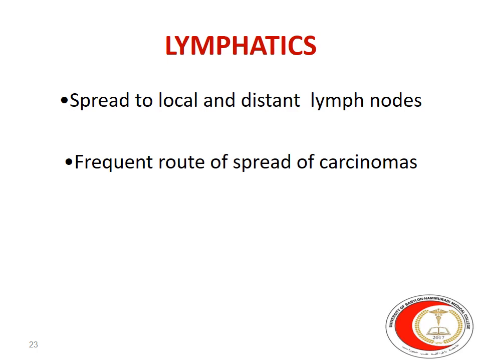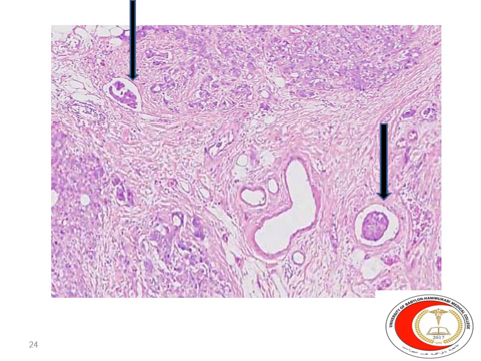In this slide, the black arrows point to dilated lymphatic vessels, and the cells inside them are malignant cells that have gained access to the lymphatic vessels. This is a case of invasive ductal carcinoma of the breast with lymphatic invasion.